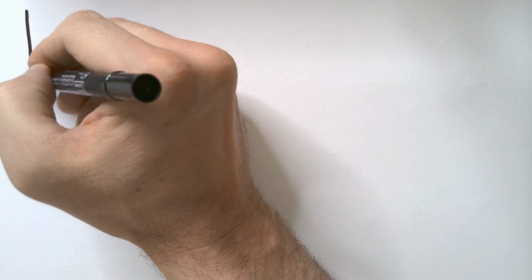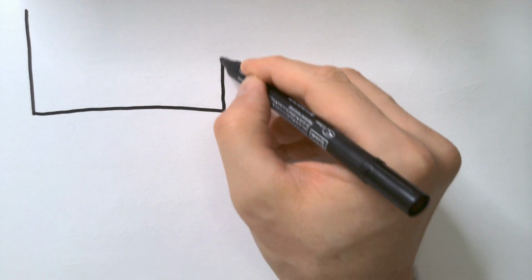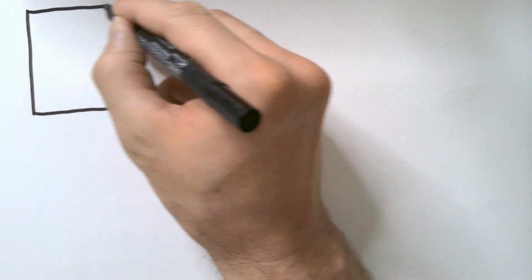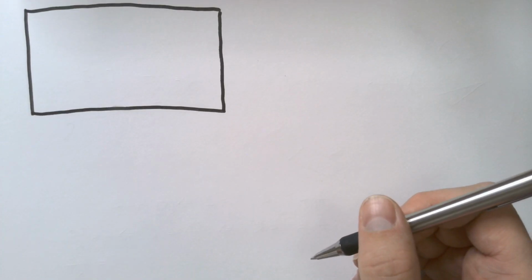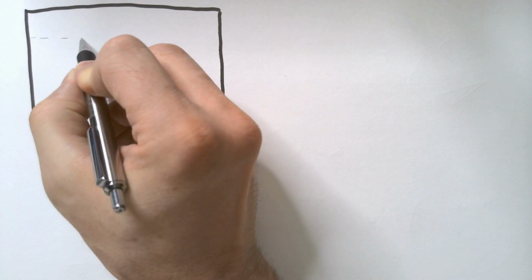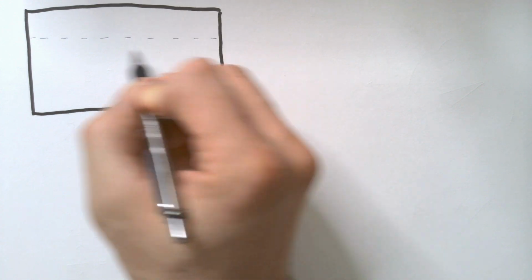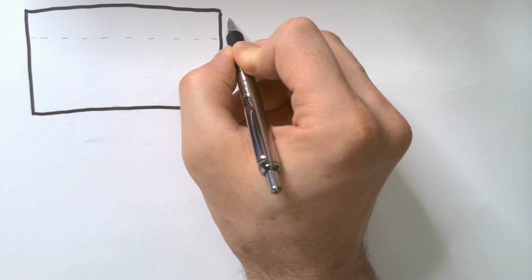So, let's start. Consider a very big box full of particles. Now, I will divide this box into 4 imaginary layers. So, this will be layer number 1.